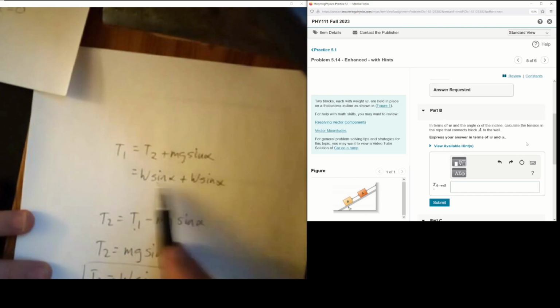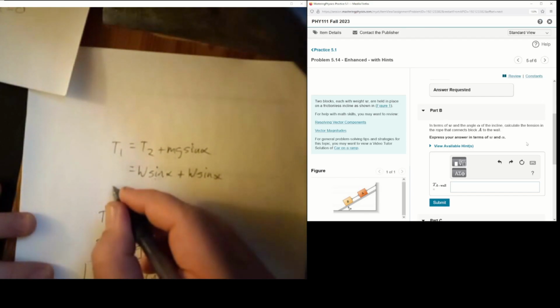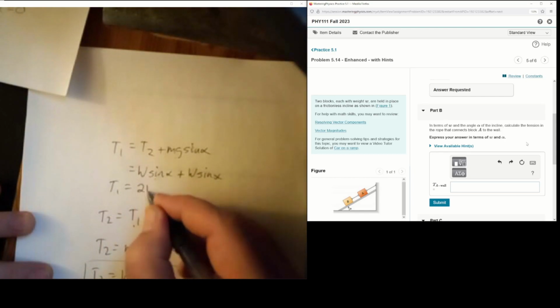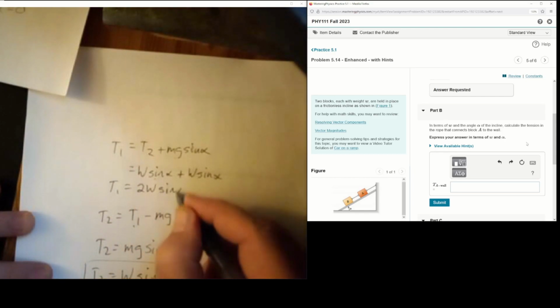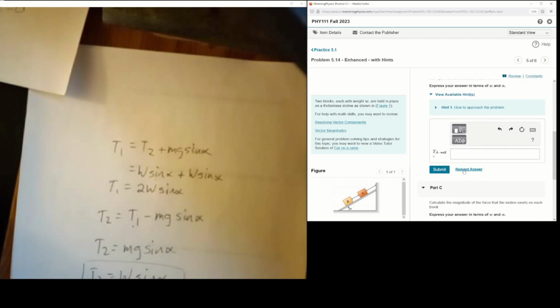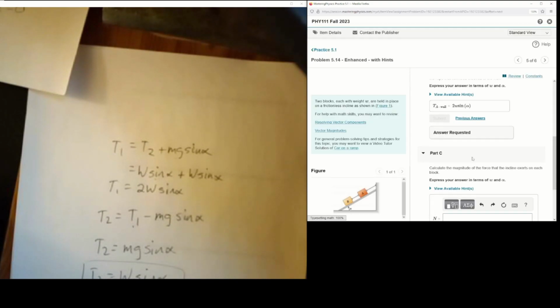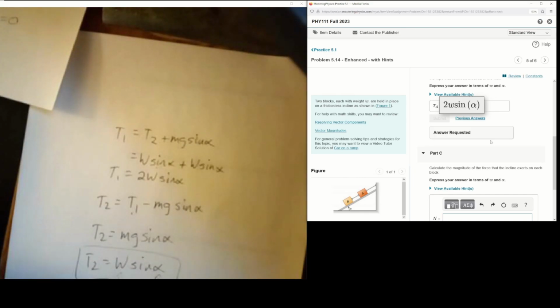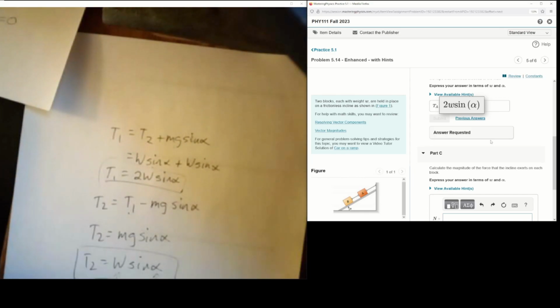These are like terms, so we got 2 of them. So tension 1 is 2 W sine alpha, the tension holding it all up. And then there is our 2W sine alpha.